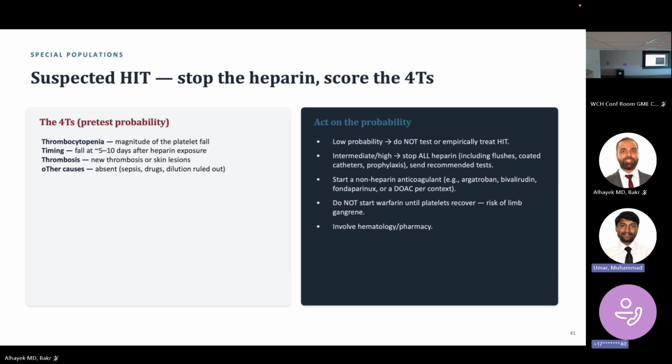A HIT panel costs the patient around $120. Some people send both the HIT panel and the serotonin release assay, which is the confirmation test. It costs the patient around $450. So that's around $500, $600 for something that they 99% don't have if the 4T score is low.